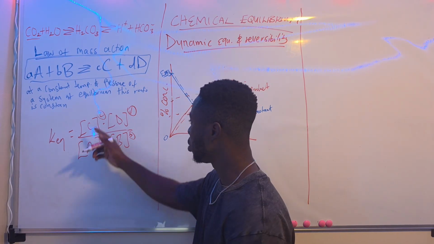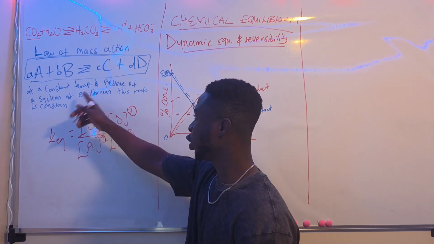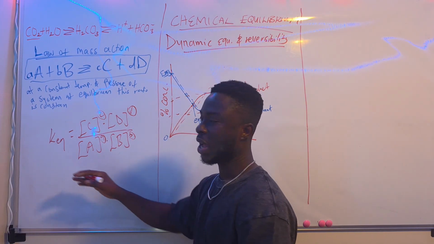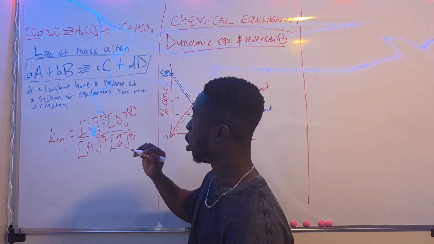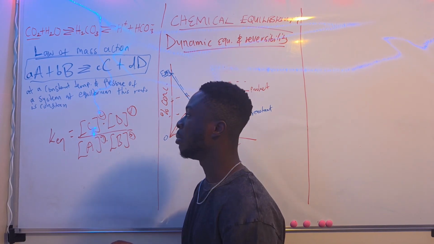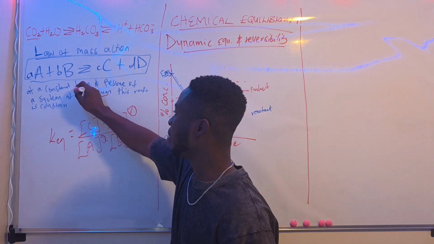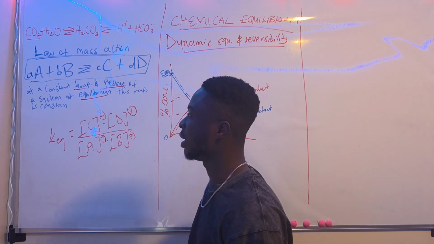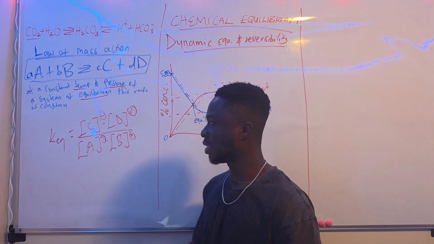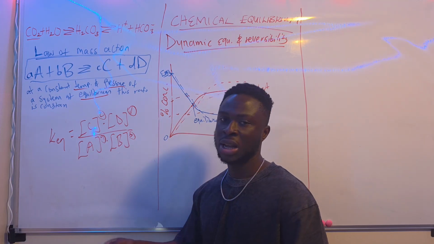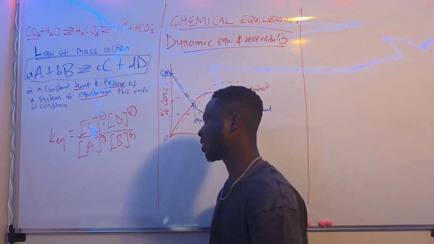In the rates, we put the order of the reactions up here, but in the equilibrium, we put the stoichiometric coefficients up there. And this ratio is always constant, provided you keep the system at equilibrium and the temperature and the pressure are constant. The reason why you have to keep the temperature and the pressure of the system constant is that the temperature and the pressure are going to influence the rate of the reaction. It might act as a catalyst.